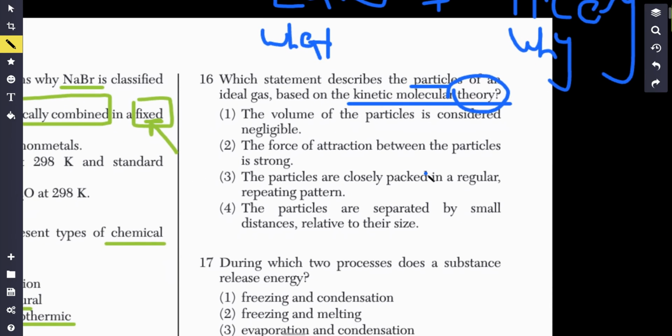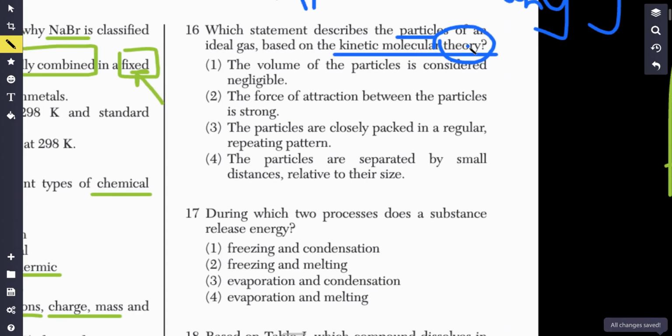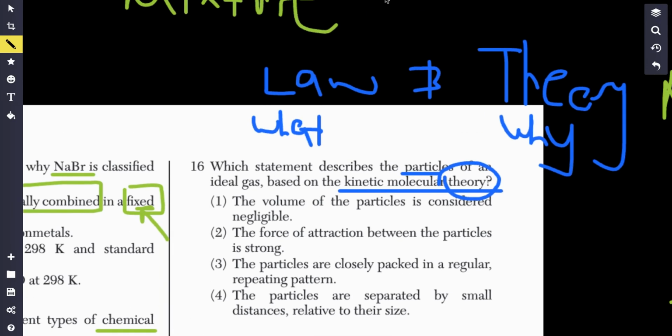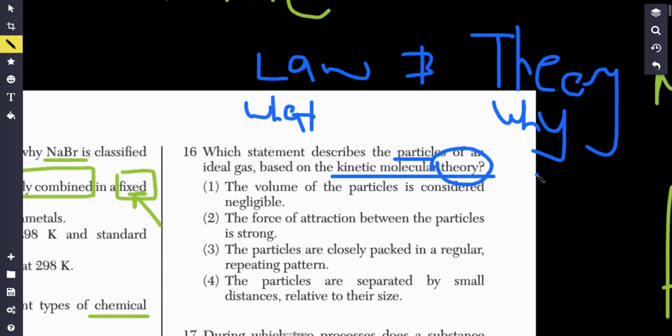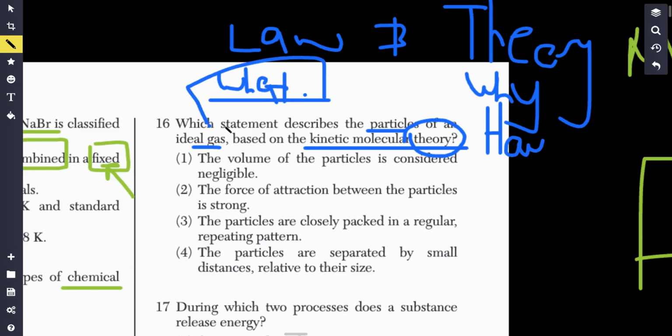So the kinetic molecular theory basically describes how particles move. So how do gas particles move, ideally? Theory is the why, the how, while laws are sort of what happens.